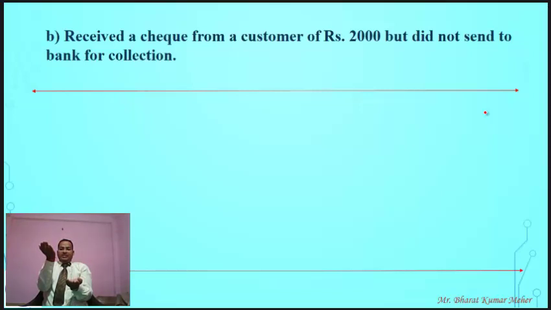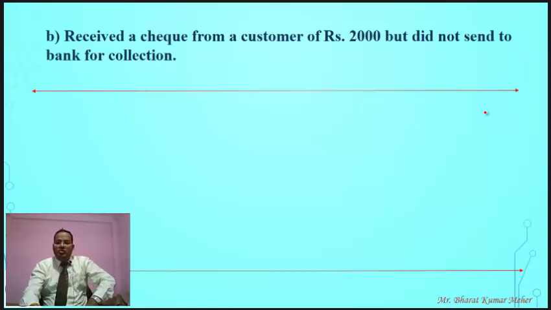So which one is flexible? Cash book is flexible, right? So what shall I do? If this one is flexible, what should I do to make it balance? I have to reduce the cash book, or make it less.